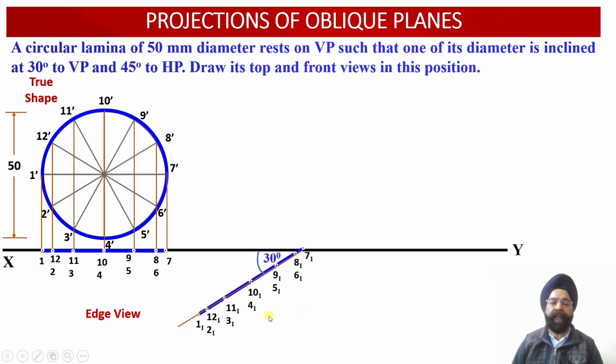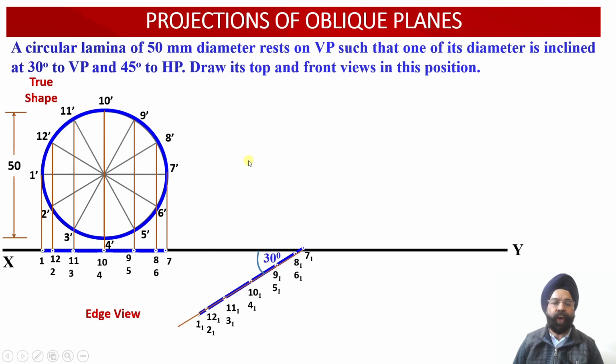Now having obtained the top view projections of this inclined lamina with respect to the vertical plane, the corresponding front view projections of the circular lamina need to be obtained. Now how will these projections in the front view be obtained? From all the 12 points of the plan, we have to draw vertical projectors in the upward direction, and from all the 12 points of the elevation of the previous view, we will draw horizontal projectors from left to right.